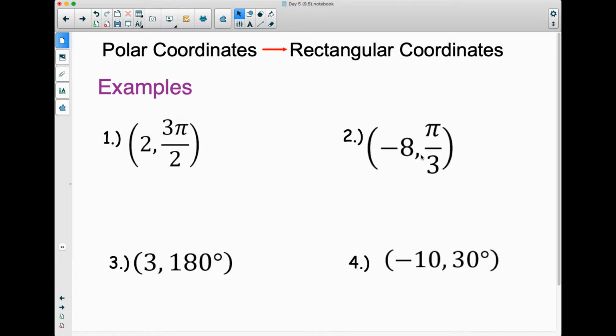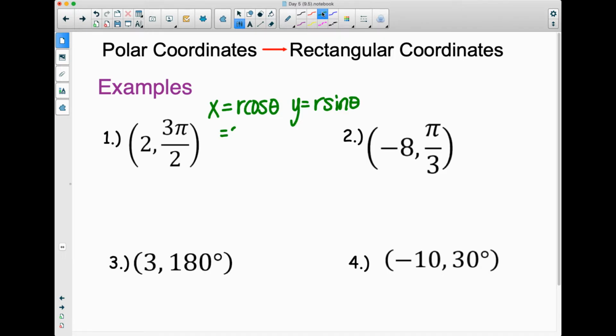So I take x equals r cosine theta and y equals r sine theta. We can plug in what we know. r is 2, and theta is 3 pi over 2.